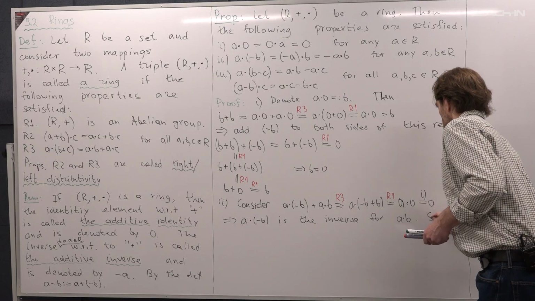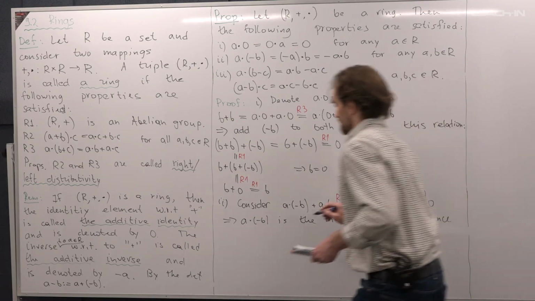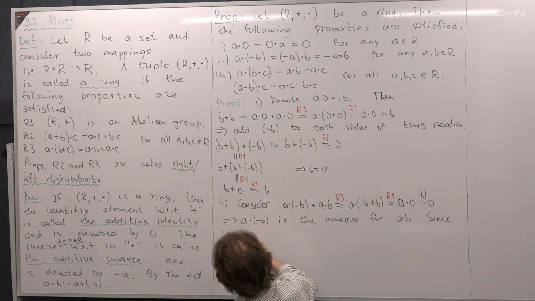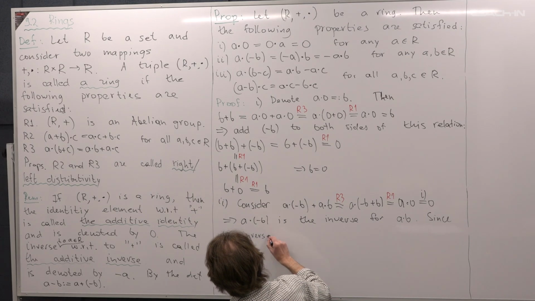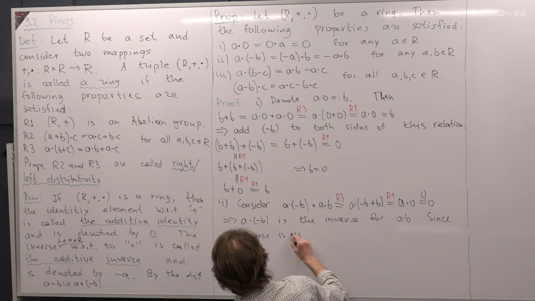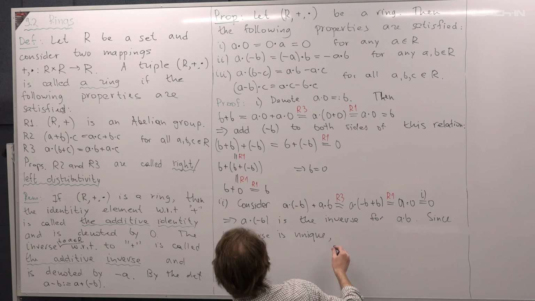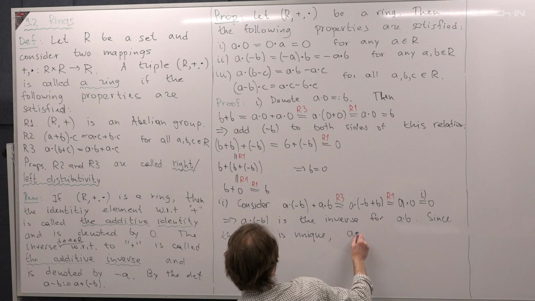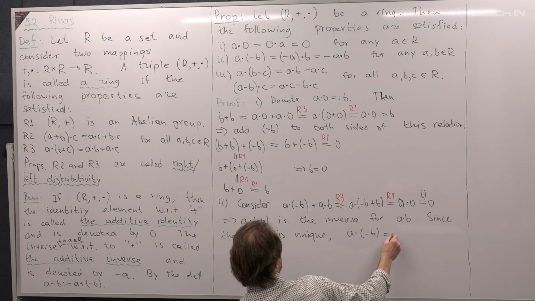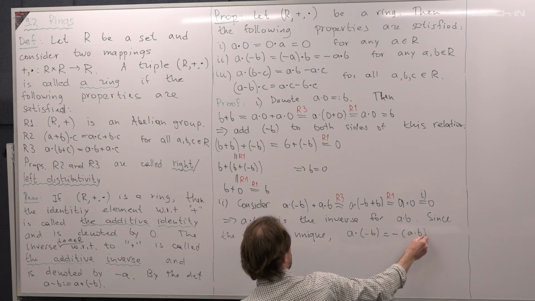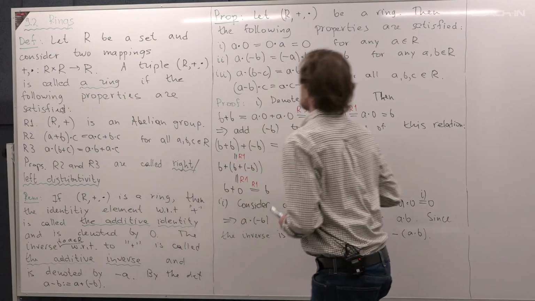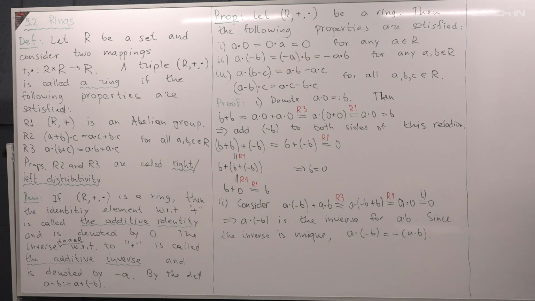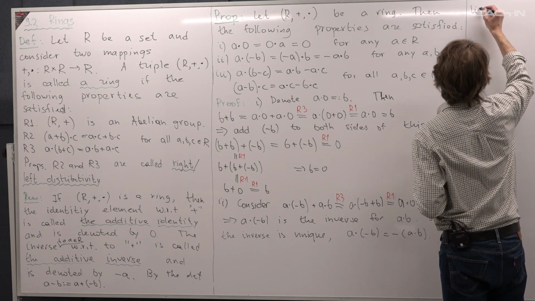And since the inverse is unique, we come to the conclusion that a multiplied by minus b equals minus a multiplied by b. So the second statement is proved similarly. And now the third statement.